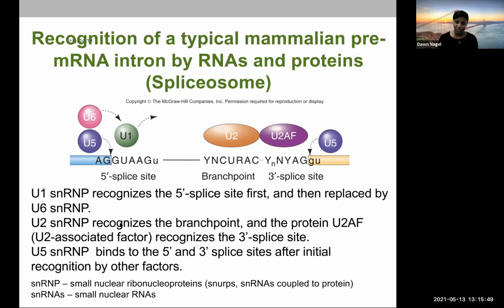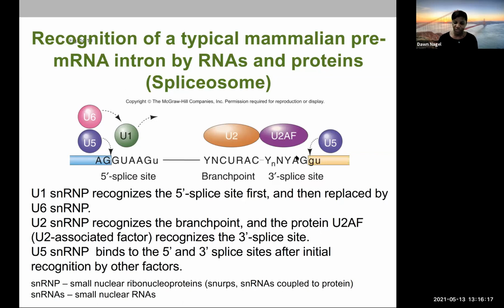The U2 SNRP is the main player in recognizing that branch point, and that recruits U2AF, another U2 associated factor that actually recognizes this 3' splice site, right? Because it's kind of next to it. U5 SNRPs bind to both the 5' and 3' site, and they really help to bring those 2 exons closer together after that intron has been removed.